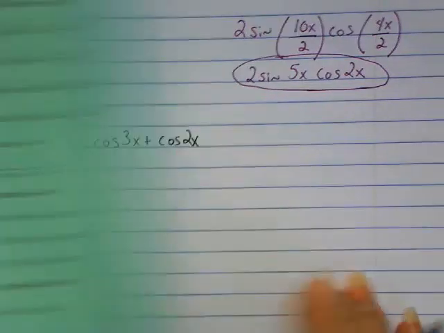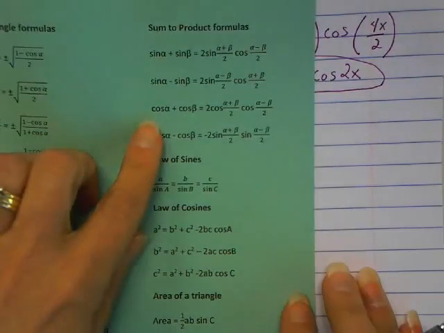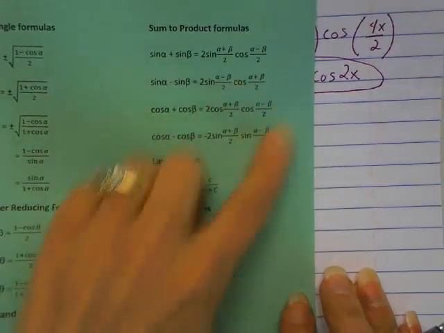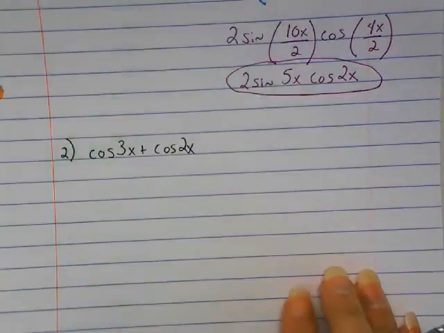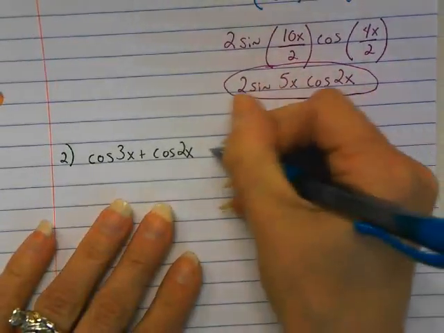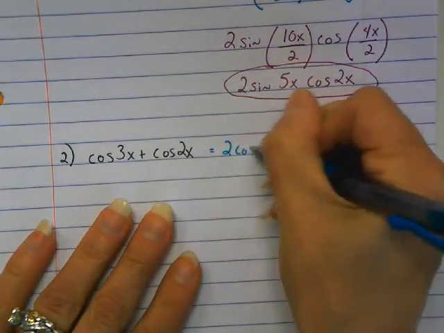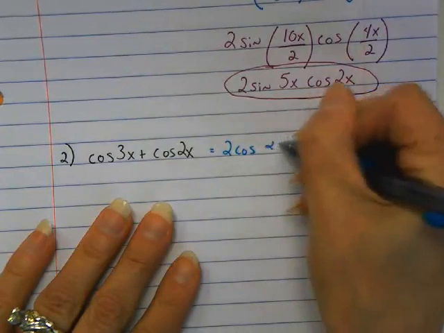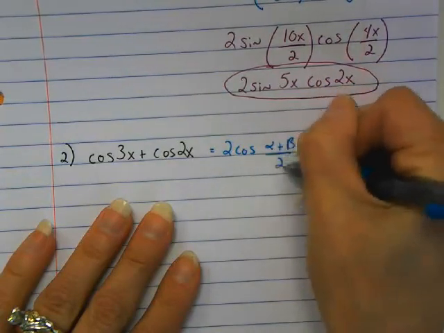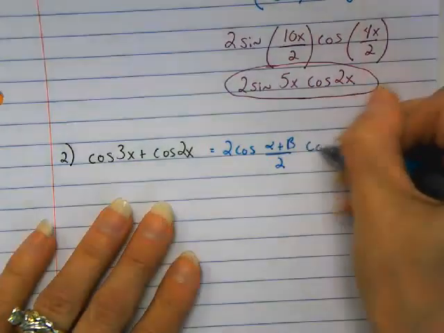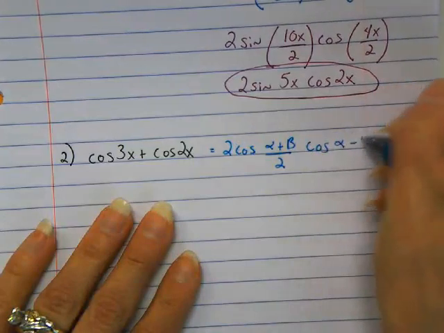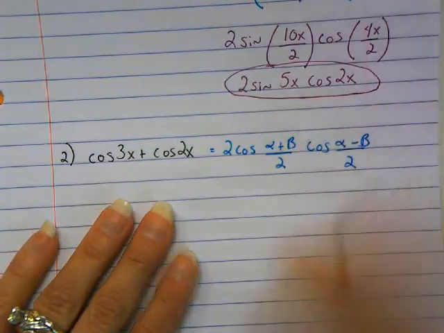So we need a cosine plus a cosine. So cosine plus cosine is this formula here. So 2 cosine alpha plus beta over 2 cosine alpha minus beta over 2.